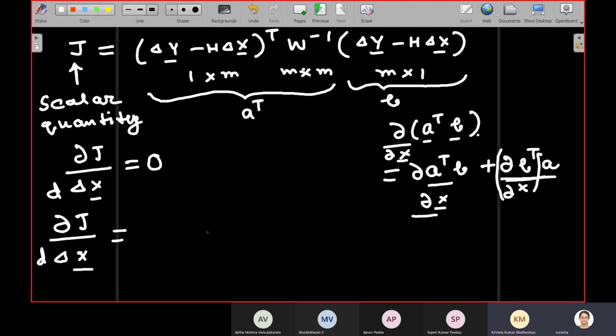So this we have already considered as A transpose. The first term we have already considered as A transpose. We need to consider only those portions which have delta X. So this term has delta X, this also has delta X. But W is not a function of delta X. Delta Y also explicitly does not have delta X. So what will be the derivative?